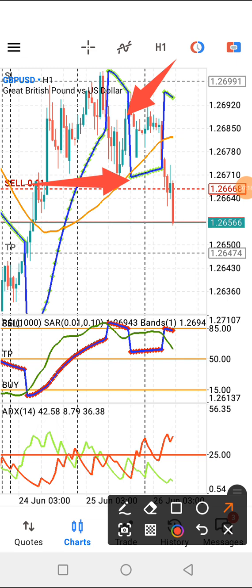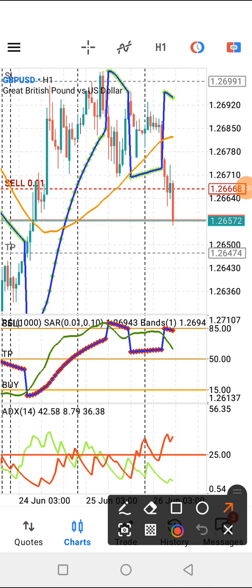Then you start seeing the parabolic SARs printing below. Now, what you should be expecting for you to take a sell is this. This was the last point price got to before it moved up, giving you an up move.